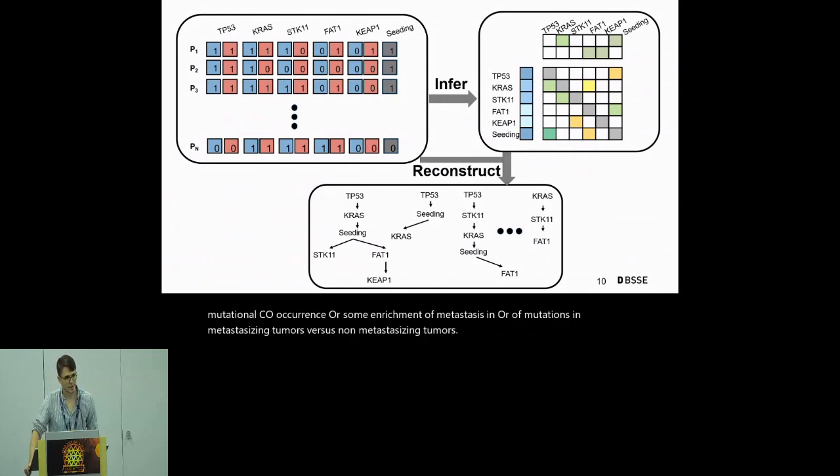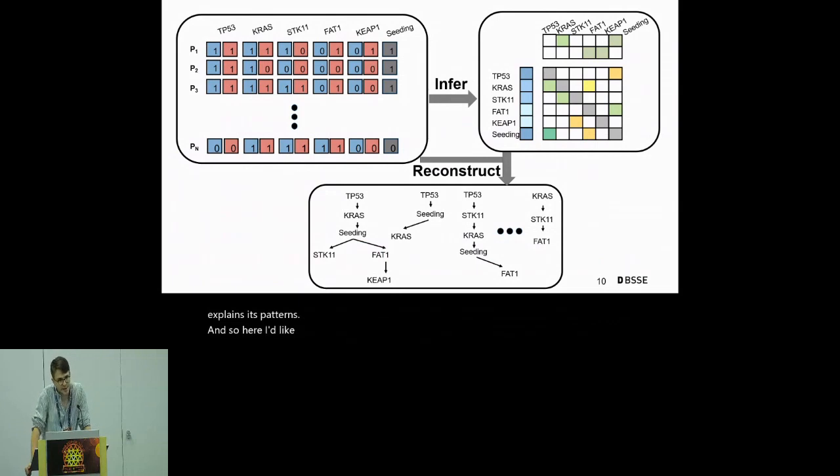Our task now as computational biologists is to infer a model from this kind of data that explains these patterns. And so here I'd like to introduce you to our mechanistic model that we call MET-MHN, that we fit on this data and use it to reconstruct the most likely orderings for each observed data point to better understand the process of metastatic progression and initiation.